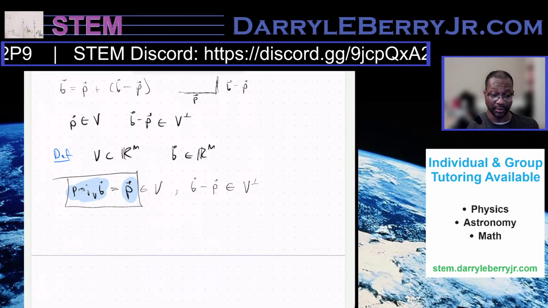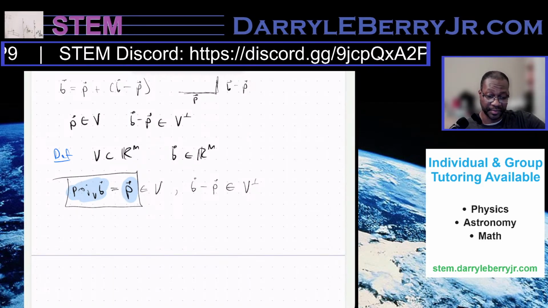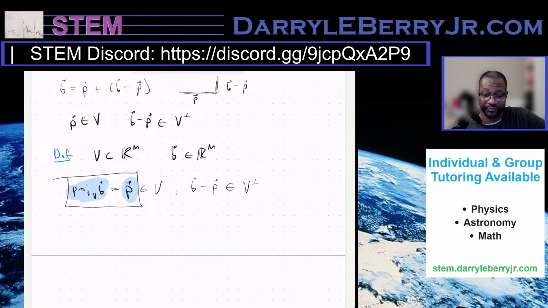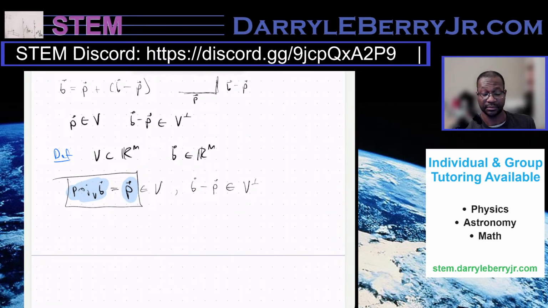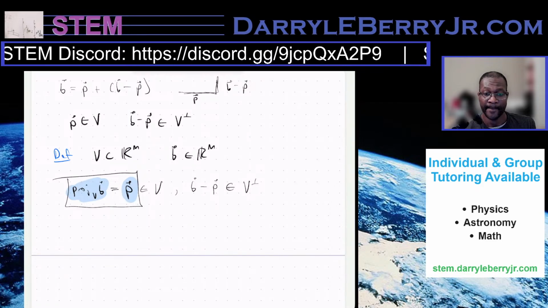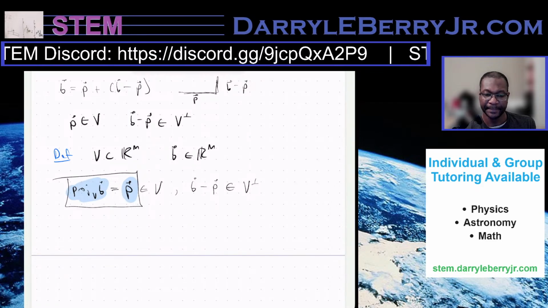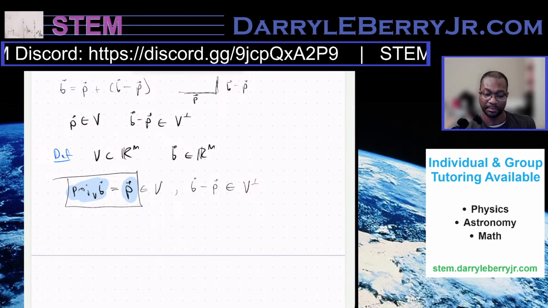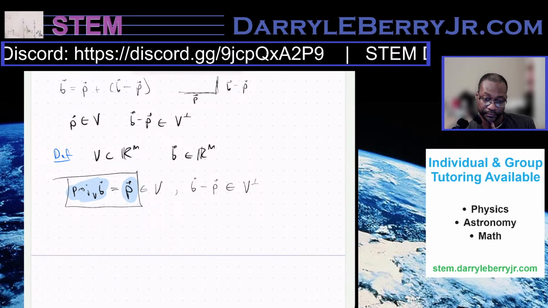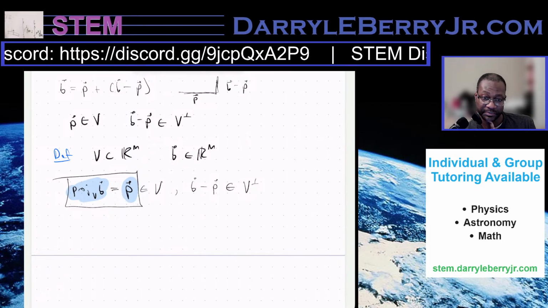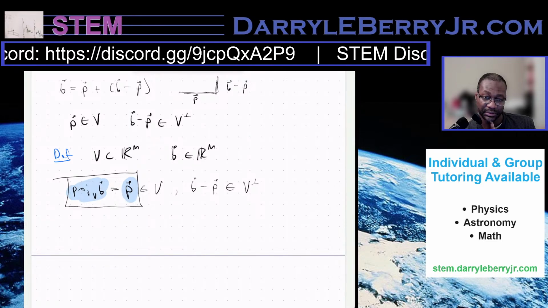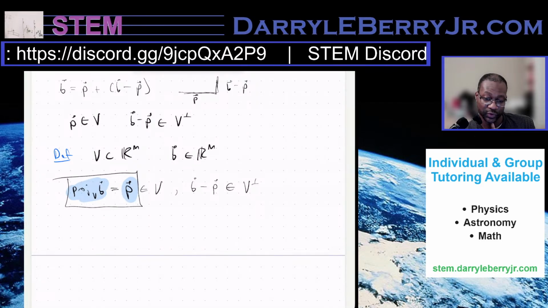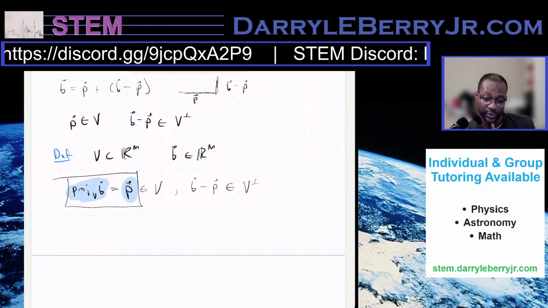All right, with me so far? Remark: since V perpendicular perpendicular equals V, it follows that the projection of B onto the perpendicular is B minus P, which is B minus the projection of B onto V. Okay?